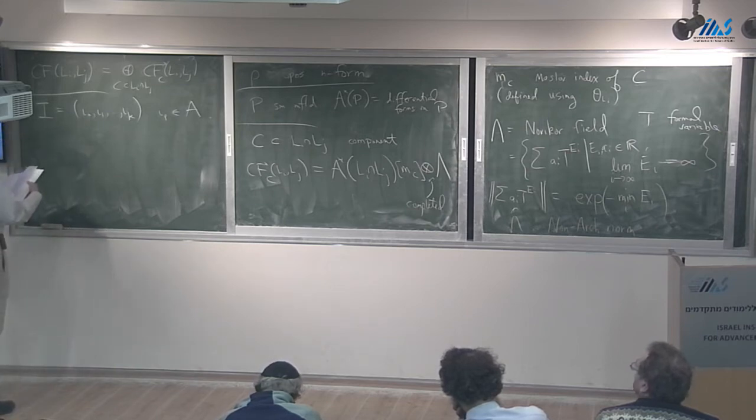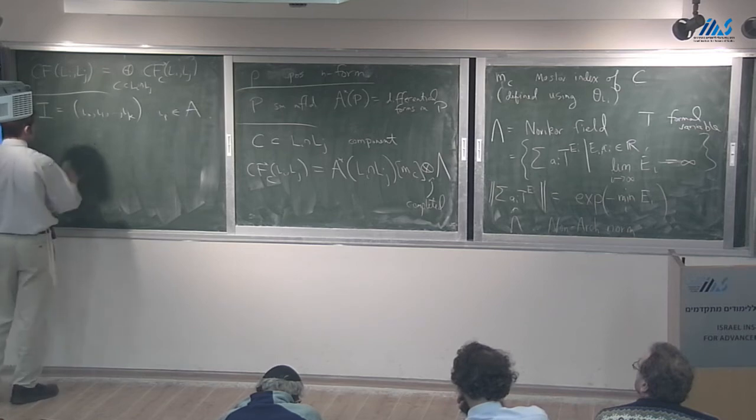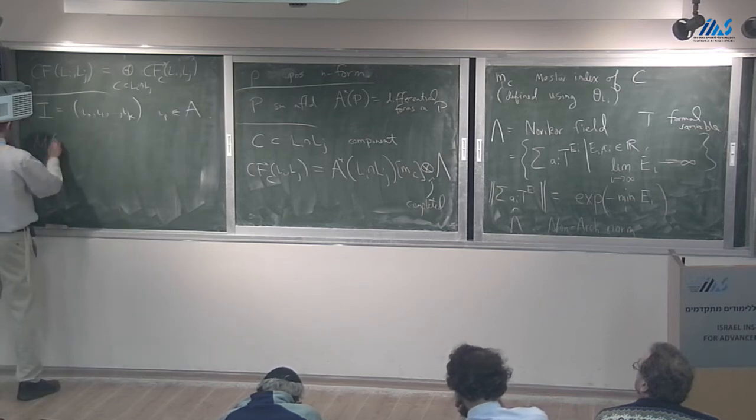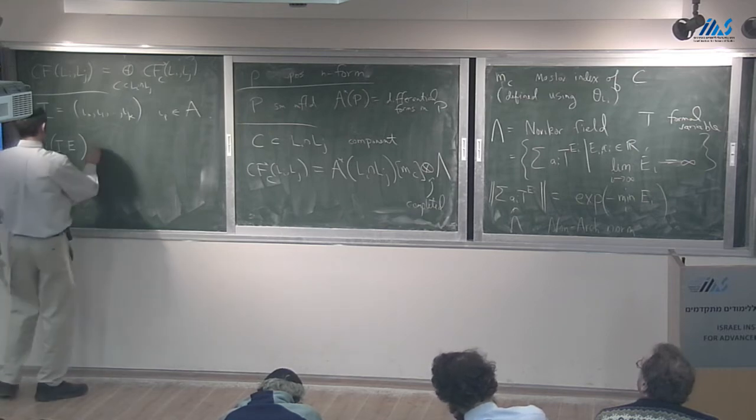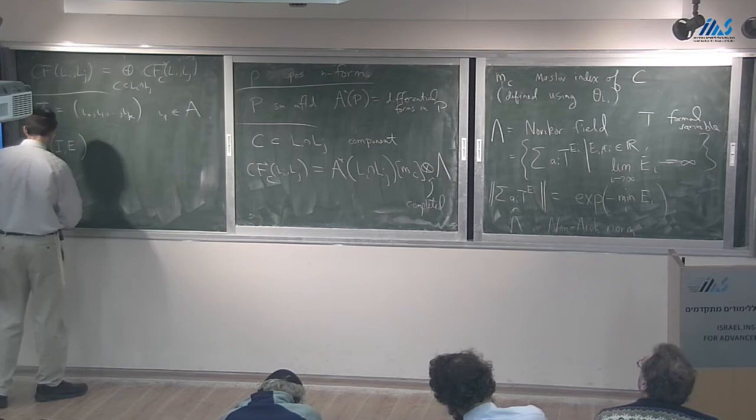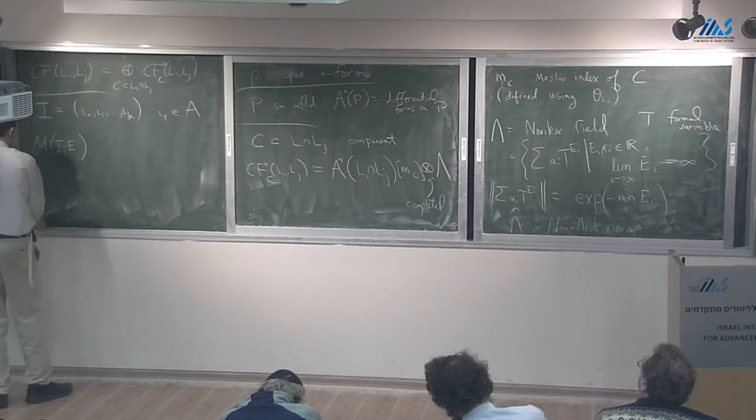Shoot. Yeah. Okay. So now M, I, E. This is going to be a space of theta holomorphic curves. So probably want to say a little bit more about this before I go on.